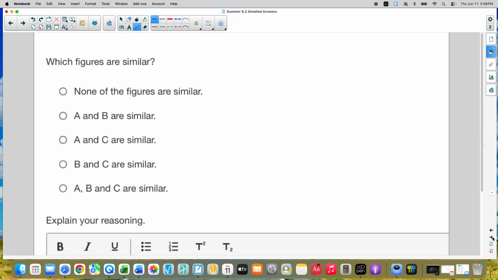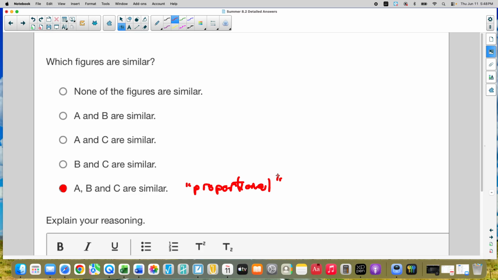Okay, now what's the question? Which figures are similar? They're all similar because they are proportional. Different word, similar. Similar means that they are proportional. Proportional, P-R-O-P-O-R-T-I-O-N.